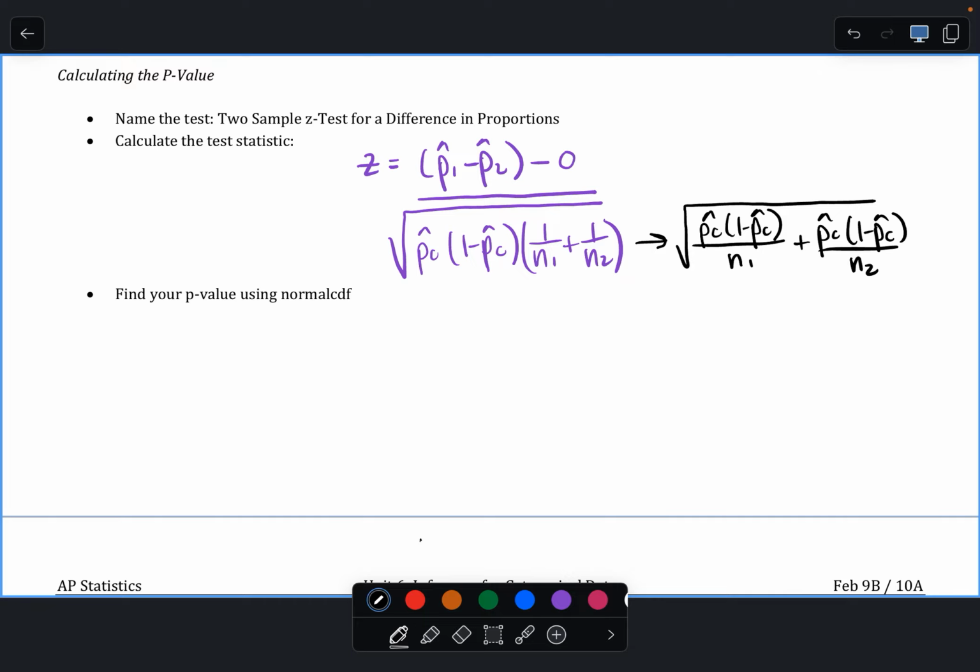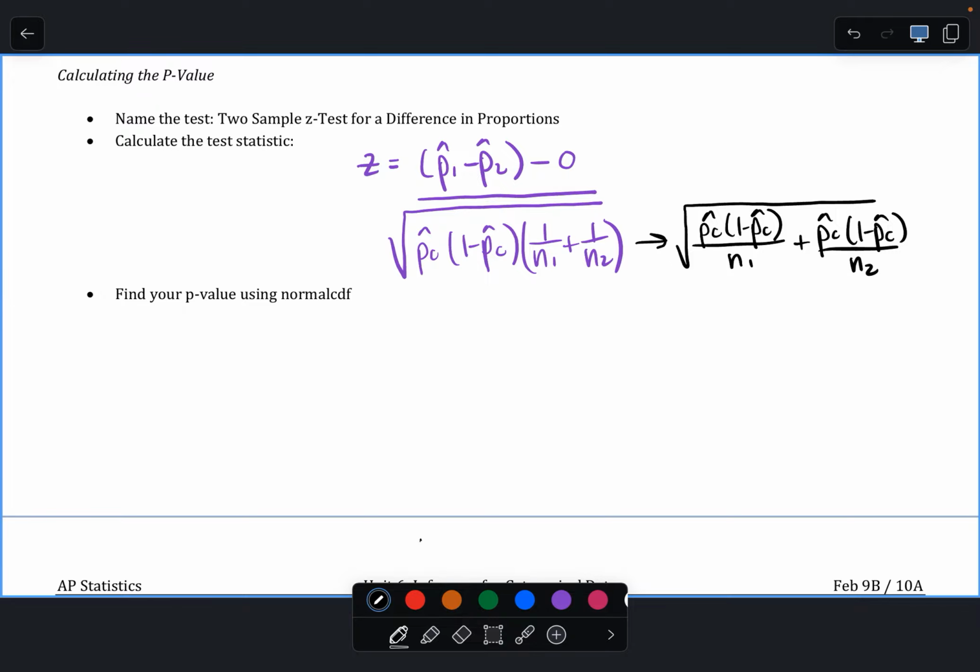So don't think that you're doing an entirely new formula. You don't even have to write down what's in black. It is still P1, 1 minus P1, P2, 1 minus P2. It's just working under the assumption the null is true. So we're going in with that PC value, and that's what we're using to calculate our z-score.